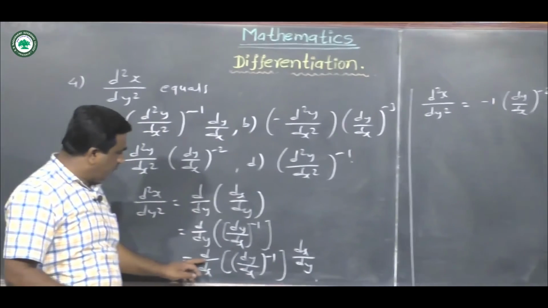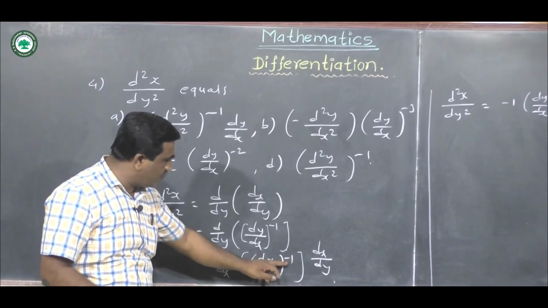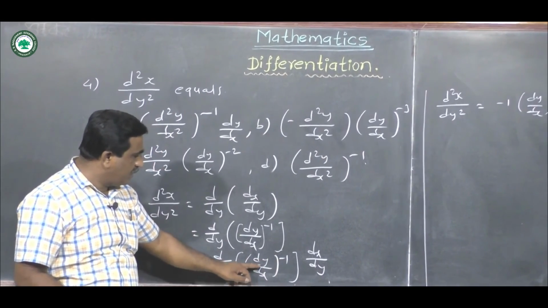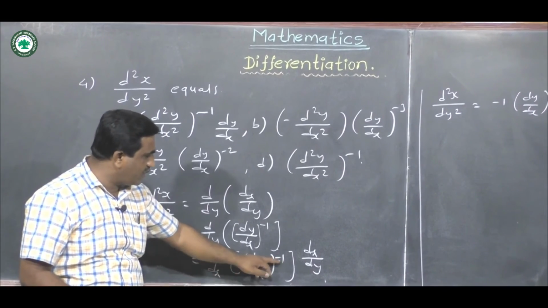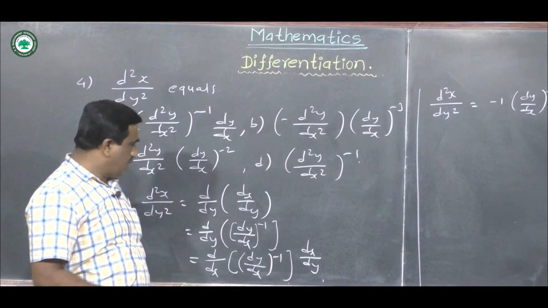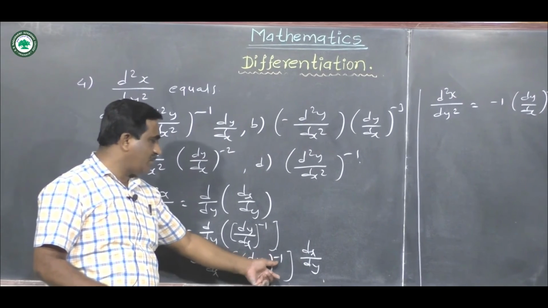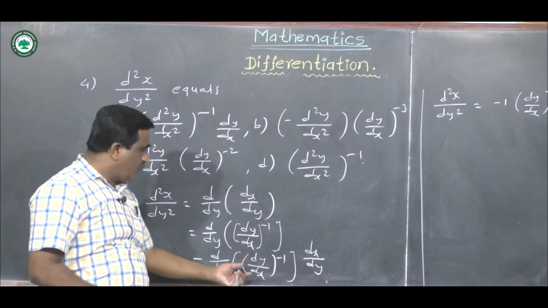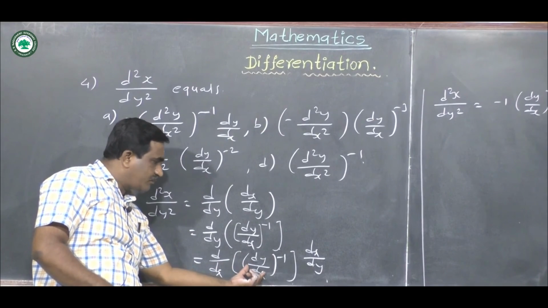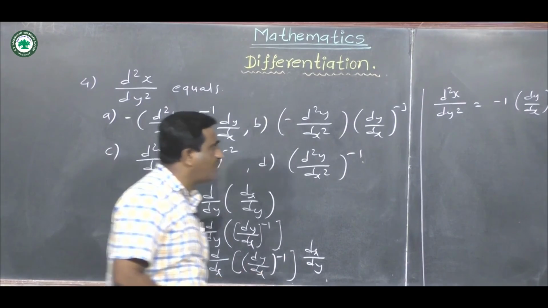Now here, the derivative of dy by dx bracket raised to minus 1, this is a composite function x raised to n. Use the formula for x raised to n here, f of x raised to n. The derivative of f of x raised to n means n into f of x raised to n minus 1 into f dash of x.